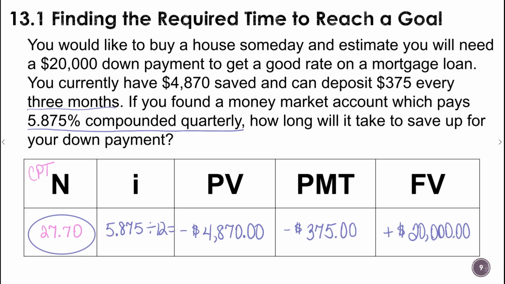So that is 27.70 periods. I'm just going to write that out. If we want to know how long that is in years, then we would divide 27.70 by 4, and that would be 6.93 years. So almost 7 years is how long it would take.